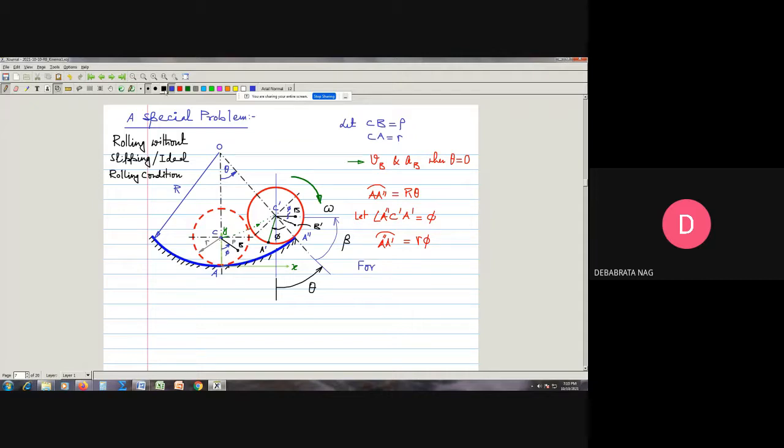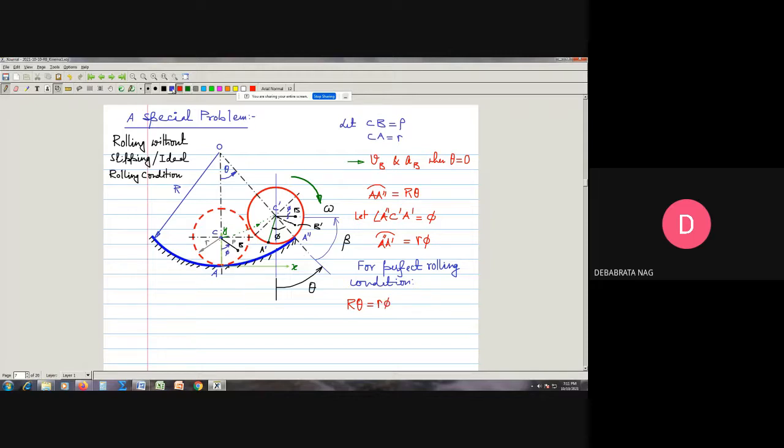So for the perfect rolling condition, we must note that capital R into theta must be equal to small r into phi.